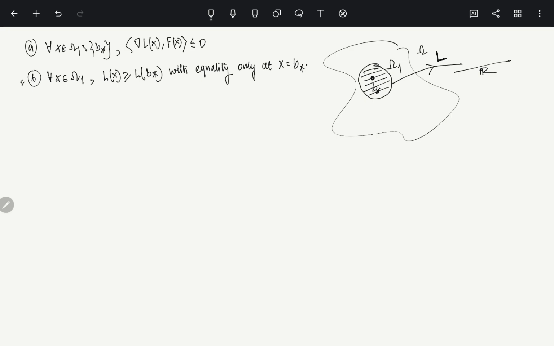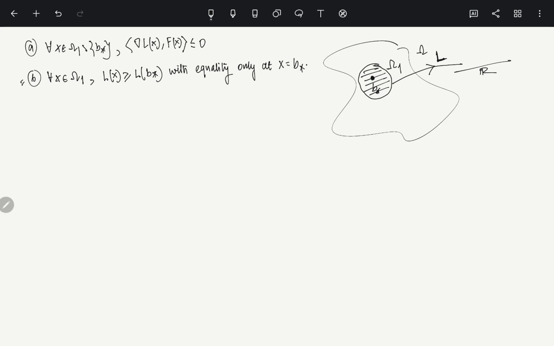We will call such a function a Lyapunov function when a property holds. I will explain what a means, but let's look at b. B says that at the point B star, the value of L should be least.